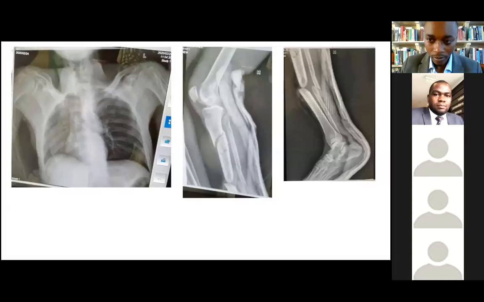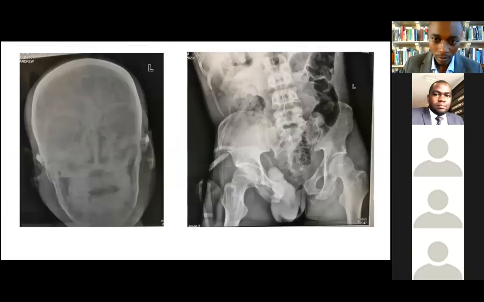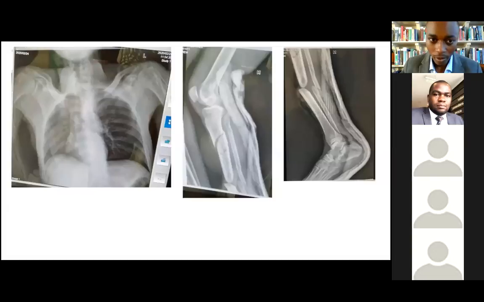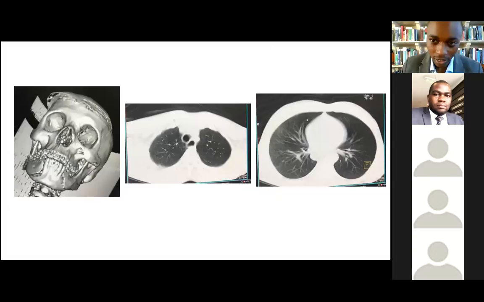I think we can do a chest CT scan. Okay, so you request the chest CT scan.